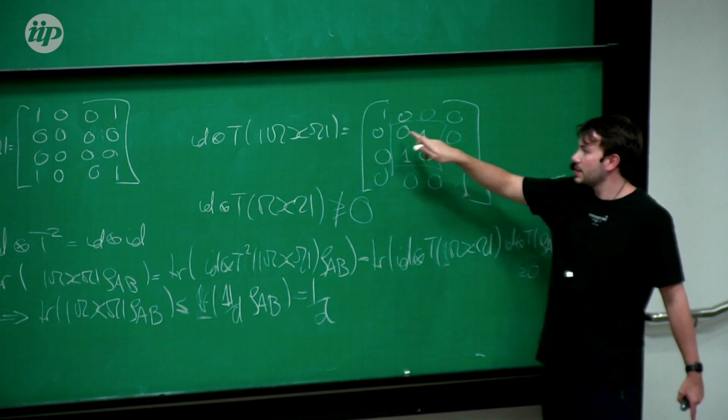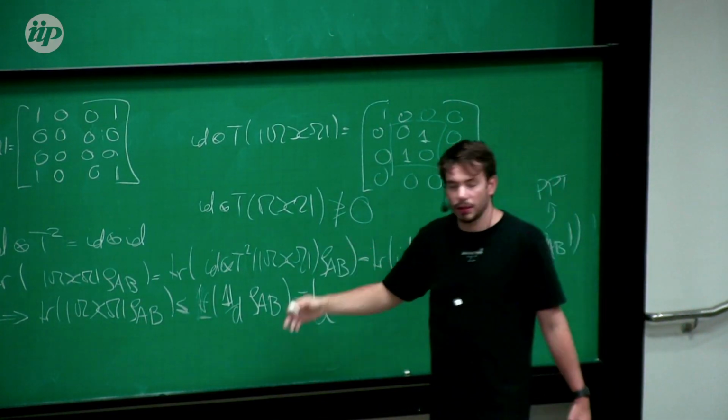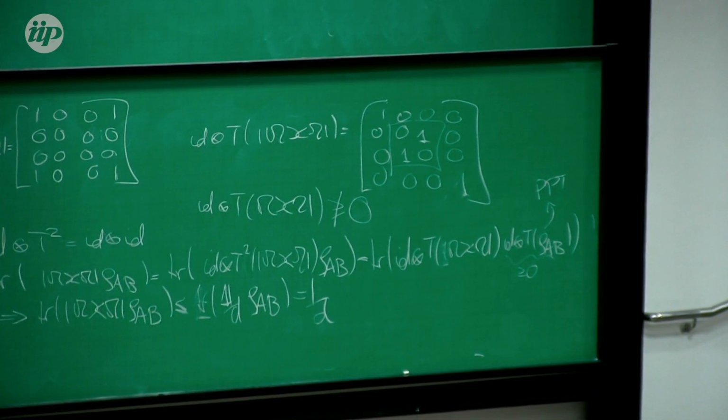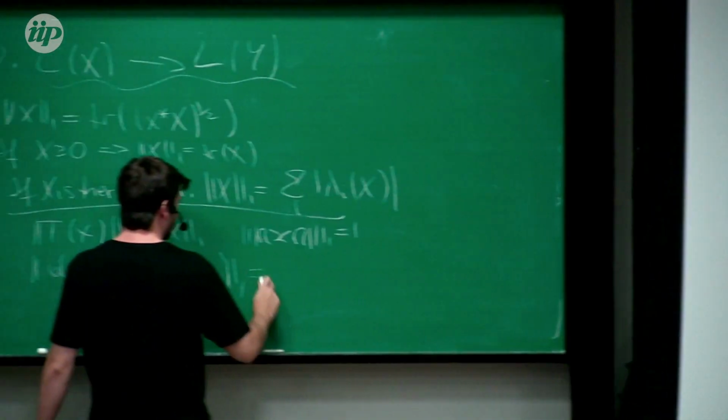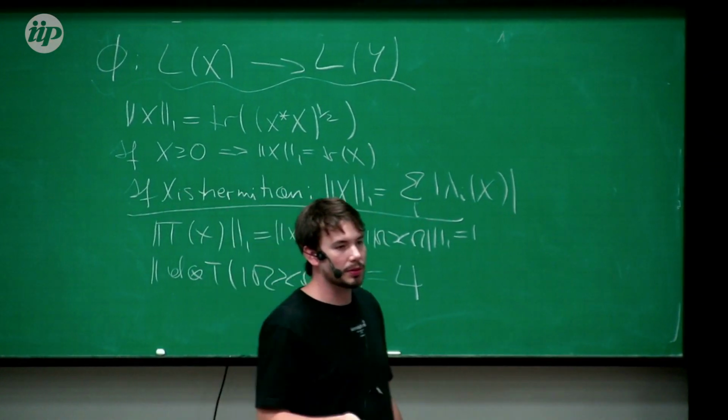So we see that the sum of all the eigenvalues in absolute value is 4, right? So this already gives you a nice example.